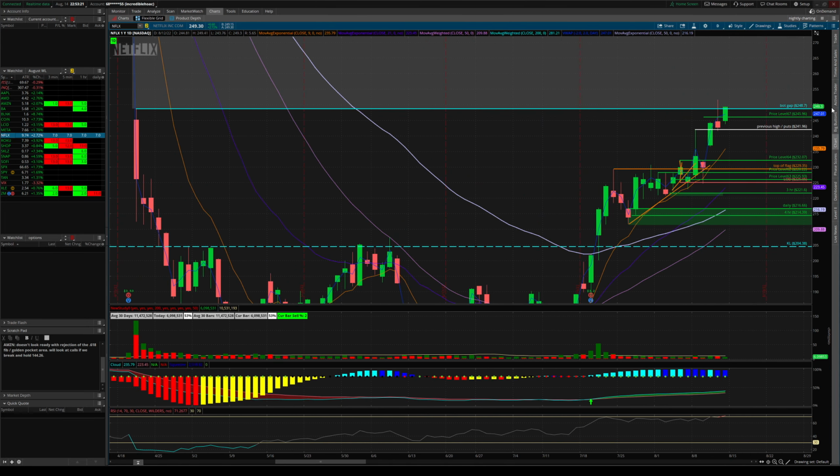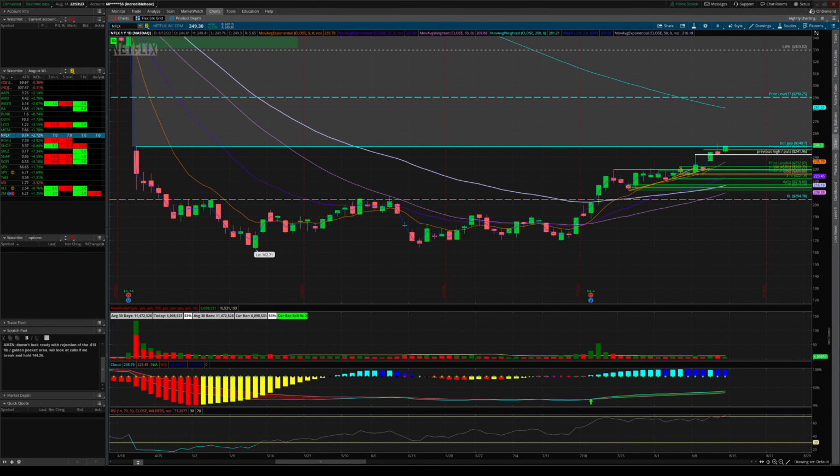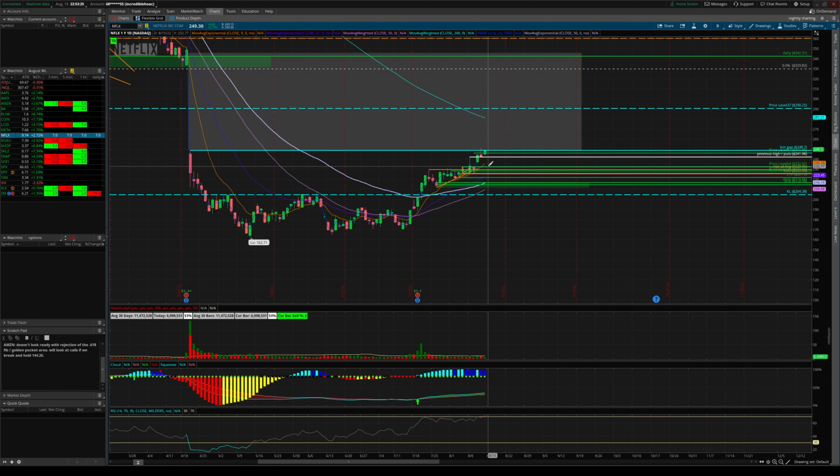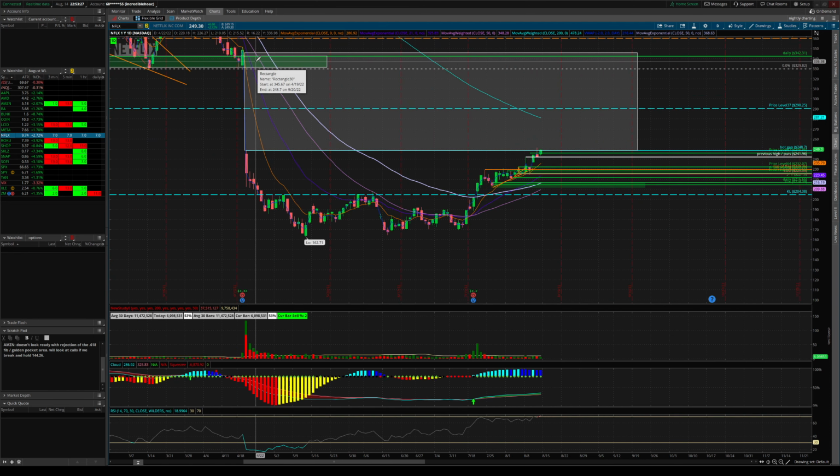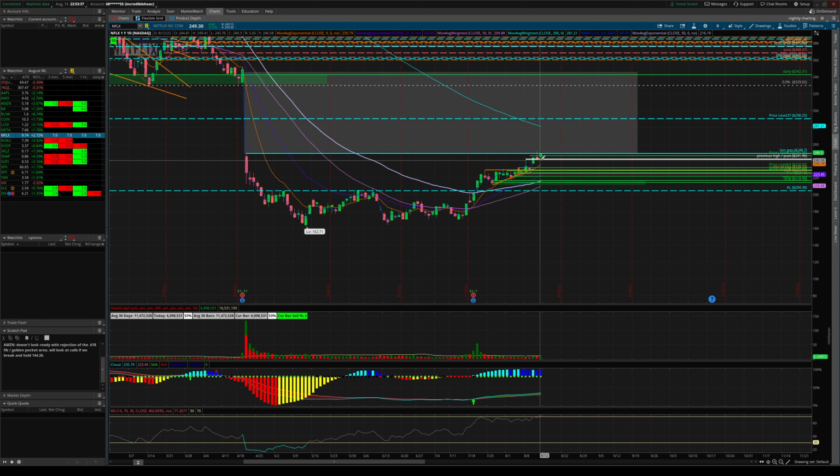The reason why I've been looking at Netflix so much is that we had this giant gap down from earnings two earnings ago, right? That we are just inching into this whole gap fill area now. I really want to see if it actually goes through with the gap fill, and that usually does happen. Gaps are almost always filled.